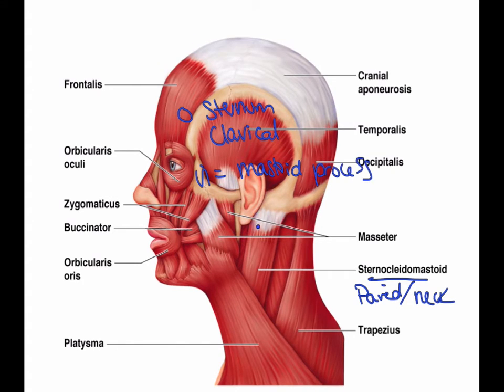And remember, the mastoid process is on the temporal bone. So if on a test it says temporal bone, you gotta know that that's the bone on which the mastoid process is. And then the function is it's going to flex the neck and help to rotate the head. So that wraps up our head and neck muscles.